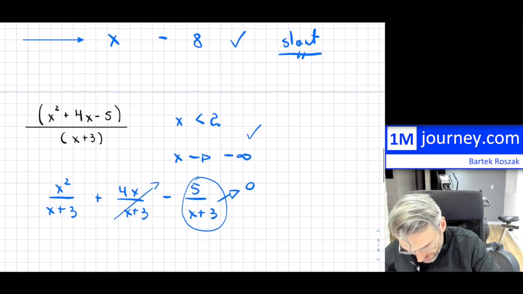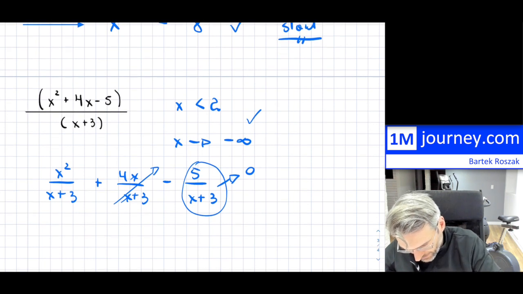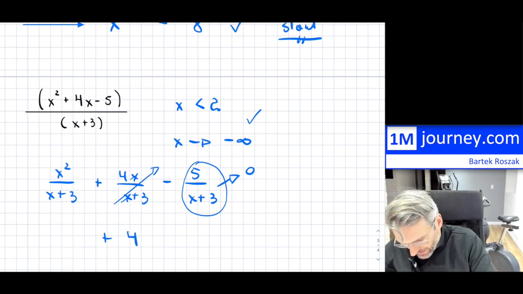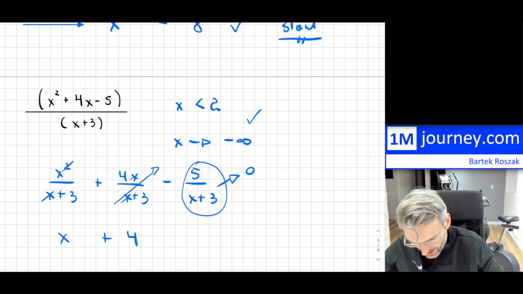As this approaches negative infinity, notice the x and the x will cancel over there. It doesn't matter if they're negative, because negative over negative, so that's gone. So this is going to be approaching 4. And then this right here, you have one of the x's, and here's the other x. So this is going to be approaching basically x right here.